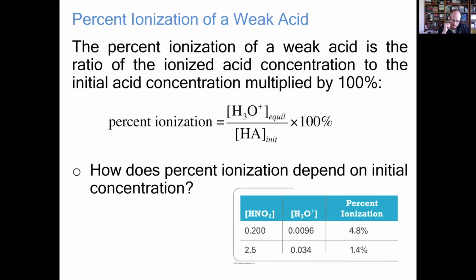So percent ionization as a function of concentration might appear a little bit counterintuitive. The more concentrated you are, the smaller the percent ionization, although the more hydronium you are going to generate, the higher the concentration.